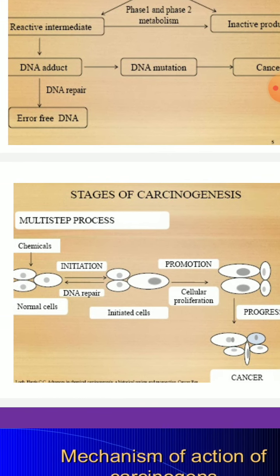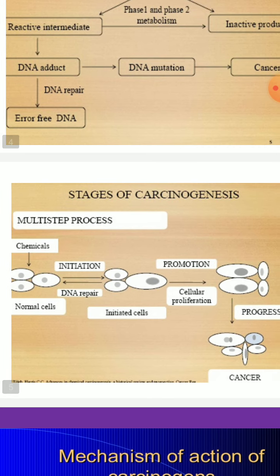This is a multi-step process, as you all know. First, the chemicals or toxicants entering the body are exposed to the individual normal cells, and then the initiation process happens. Here you can see the initiated cells after exposure to these chemicals.